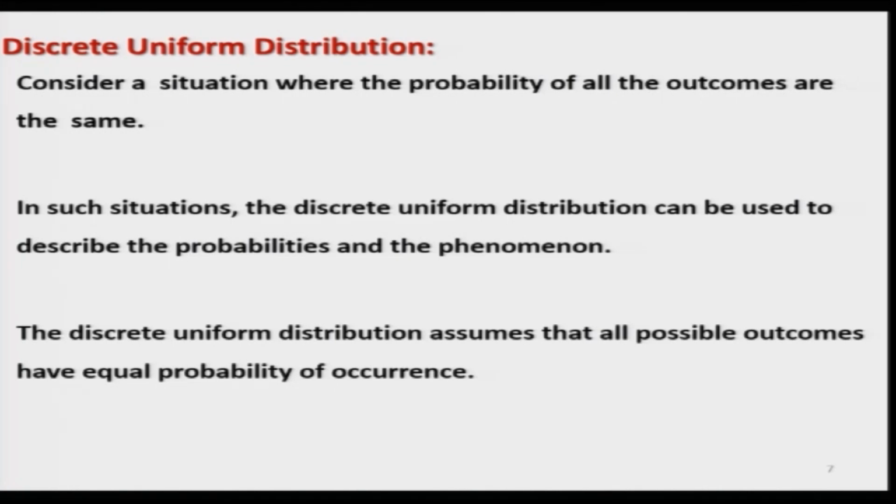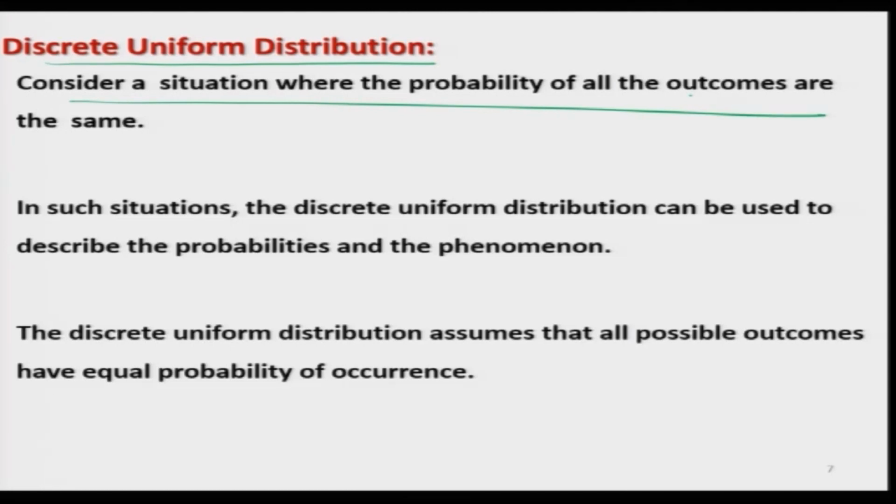Okay. So, now I try to come to one more distribution, which is called the discrete uniform distribution, right. So, we try to consider a situation where the probabilities of all the outcomes are the same, right.